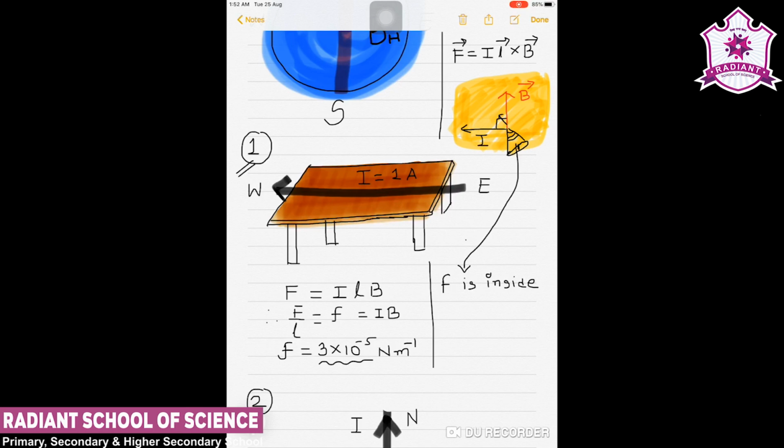So it is moving inside. So the direction of force is inside, and here in this case we can say that from our part it is upward to downward. So inside of plane.